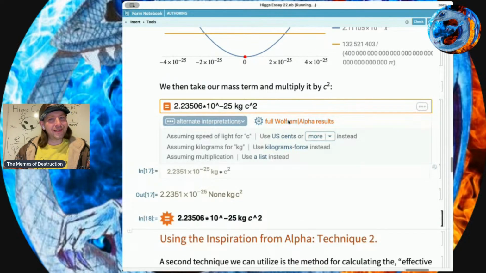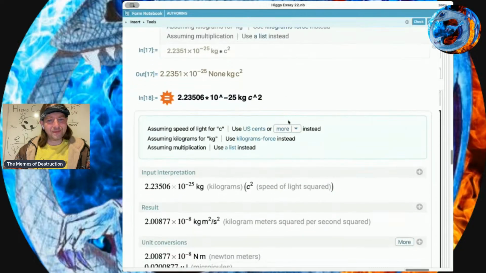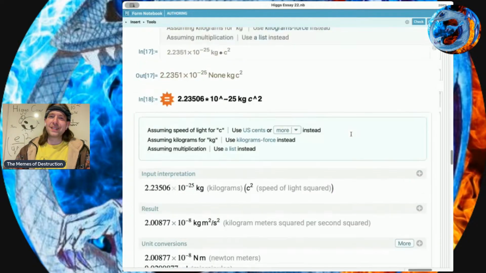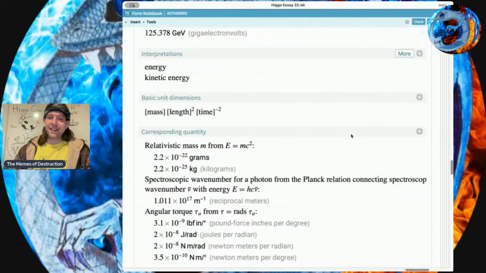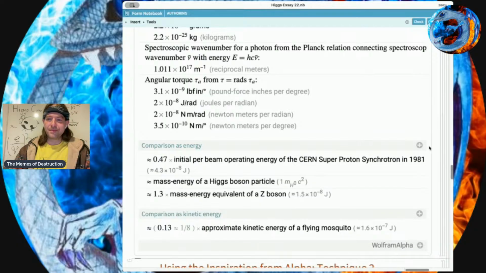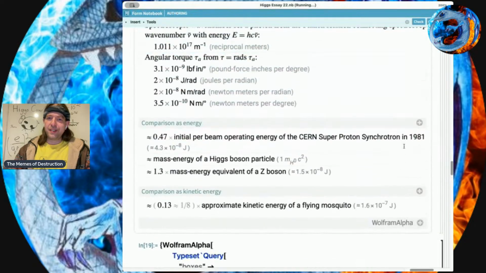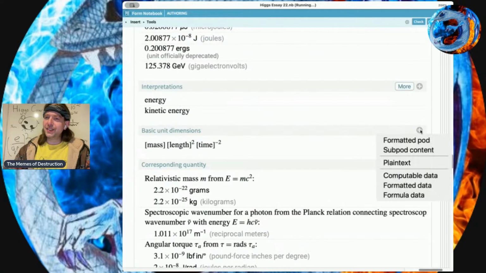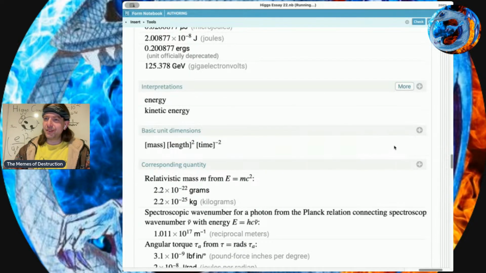Alpha results. As we can see, 125.378 GB, so we went by 2. From our uncertainty, we're going to want the dimensions. Output, come on.